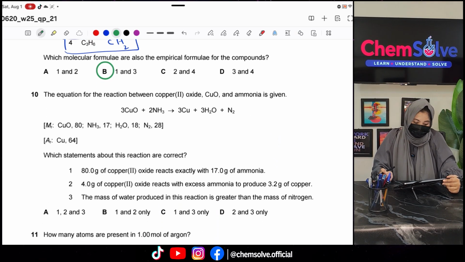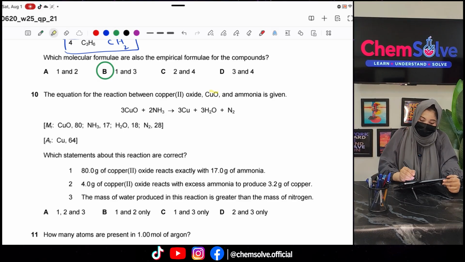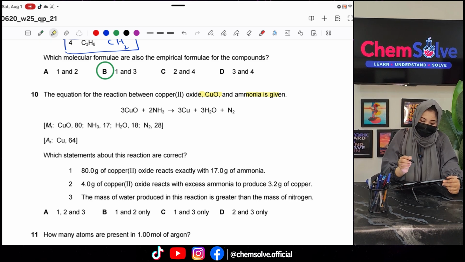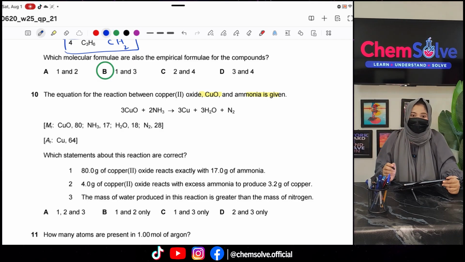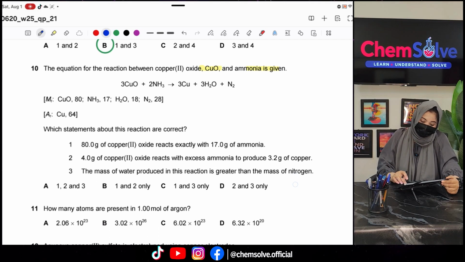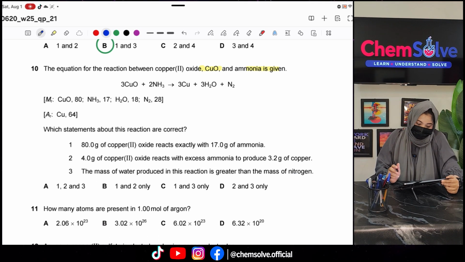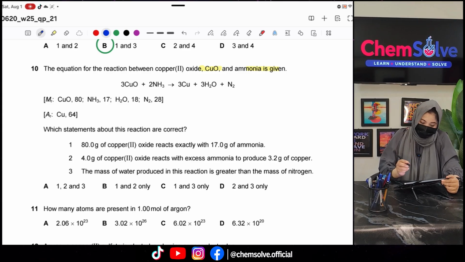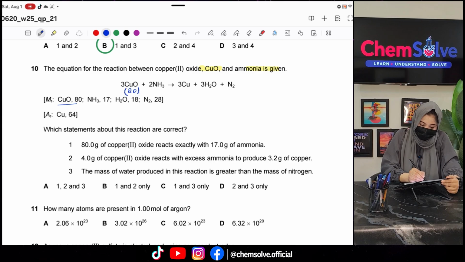Question number 10. The equation for the reaction between copper oxide and ammonia is given. This is the equation. Which statement about this reaction is correct? So let's see the correct options. 80 gram of the copper oxide. So copper oxide's Mr is 80, so this is here 80 multiplied by 3.